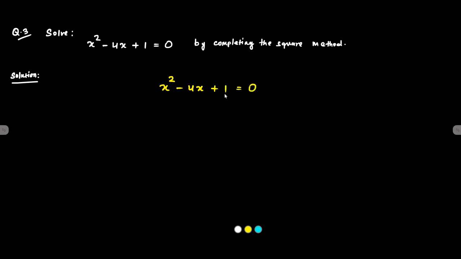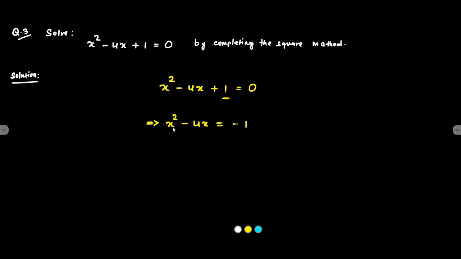Now this is the constant part, the c part in ax square minus bx plus c. We have to take it to the RHS side. That implies x square minus 4x is equal to minus 1.